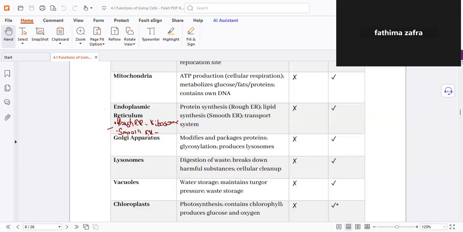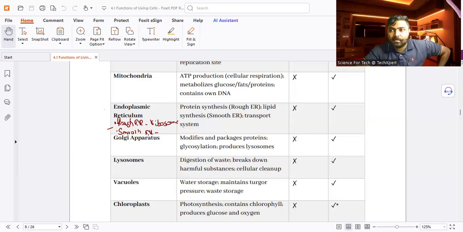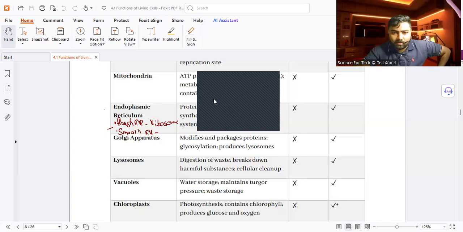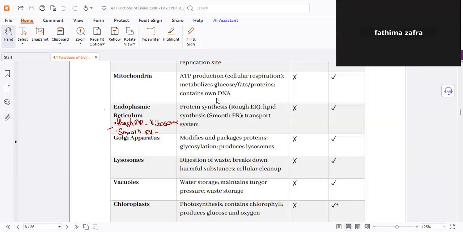So, can you tell some examples transported by smooth ER? That is lipid. Okay, I confused it. Are you clear? Yes, sir. Done, sir. Finished writing.